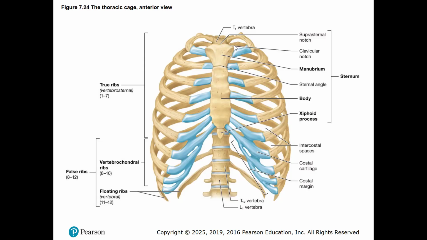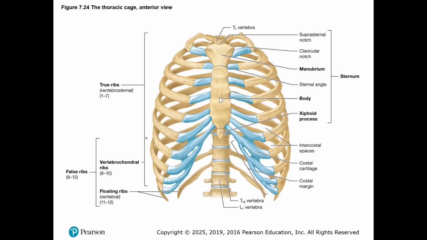You have the clavicular notches here where the clavicles are going to articulate, making up this whole pectoral girdle or upper arm shoulder area. So your manubrium, that first part of the top portion of the sternum.